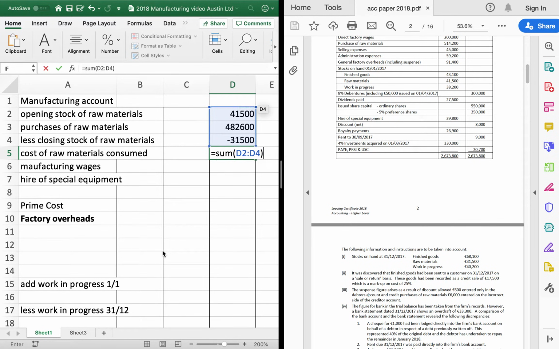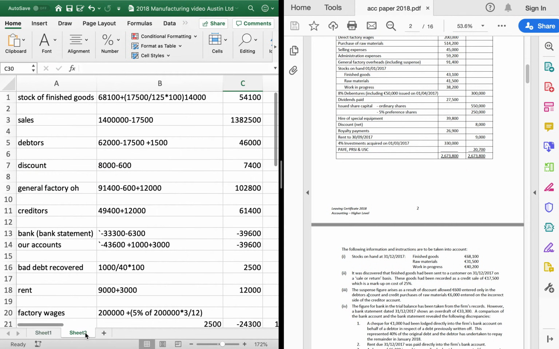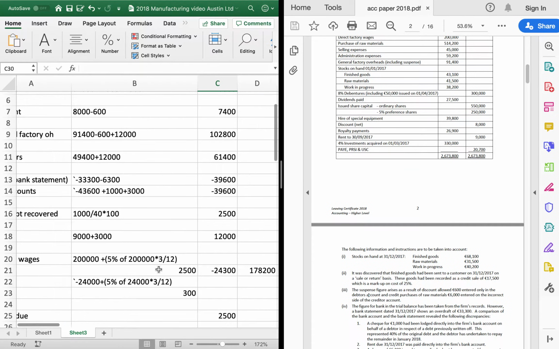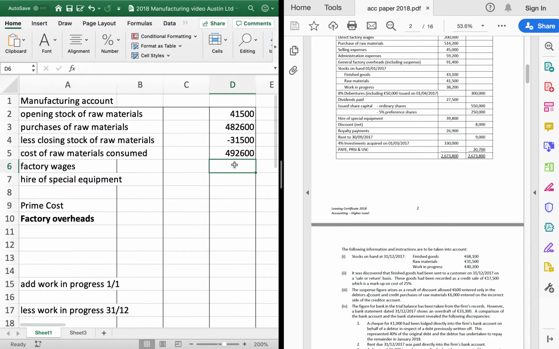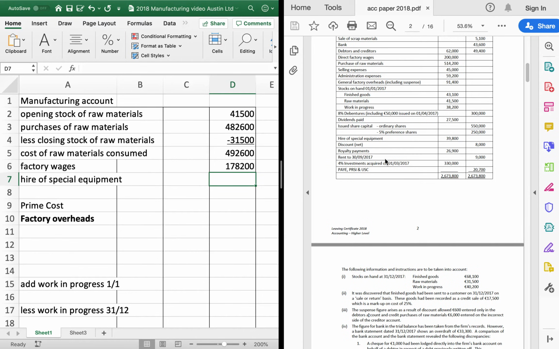And you have to add on to that your prime cost, which is your manufacturing wages, or your factory wages. That was our big working, 178,200. You have your hire of special equipment. If there is hire of special equipment, it could be in here somewhere.